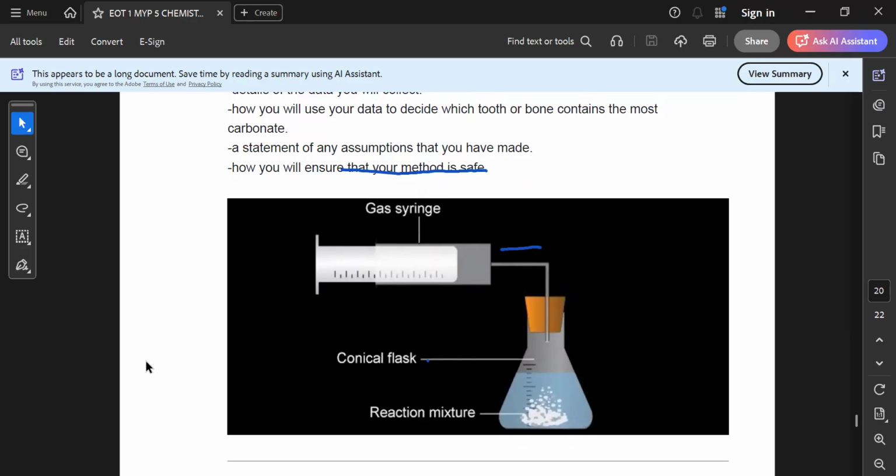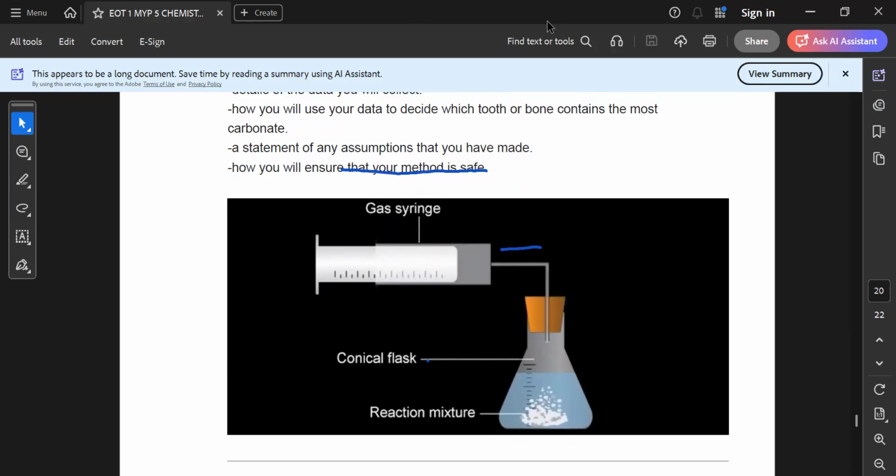By the time you put the cork and the gas syringe, don't you think part of the gas would have escaped? The answer is definitely yes. Therefore, that becomes an assumption. You are assuming that no gas will be lost, but ideally, that is impossible. By the time you connect here, part of the gas will have been lost. That becomes an assumption. Now, these, you just have to observe them and get used to them. We shall practice them with time.